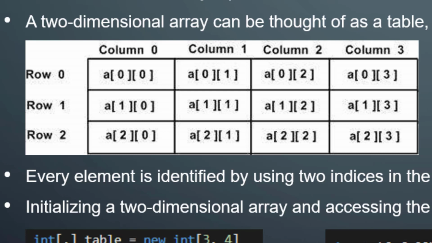Well, that would give you the value stored in column 0, row 0. But if you passed X0, Y1, you would get the value stored in row 0, column 1.